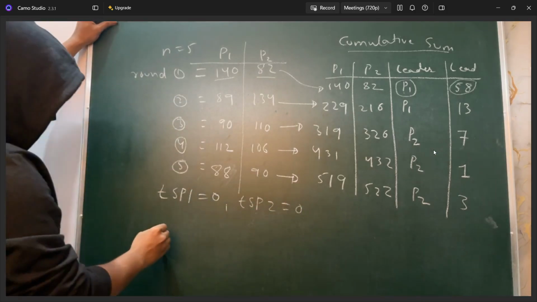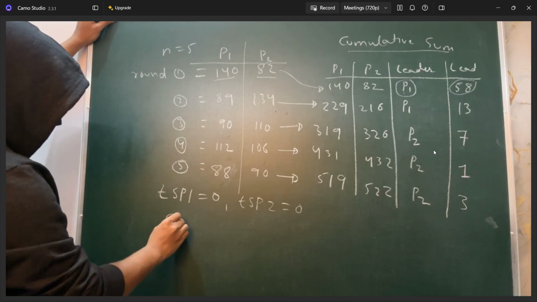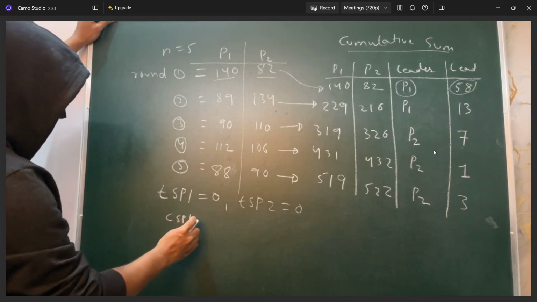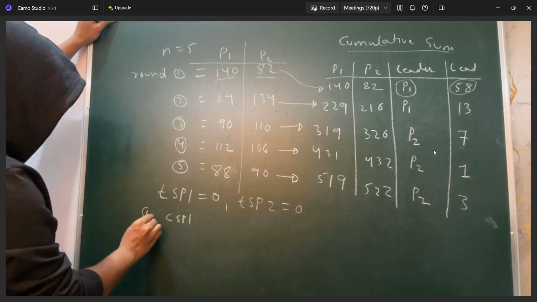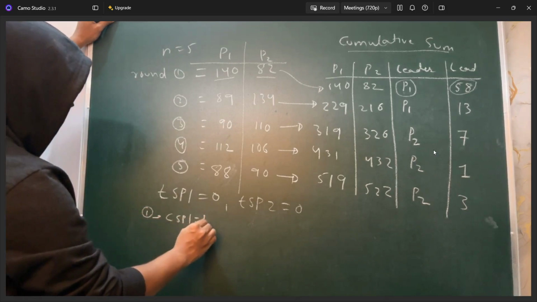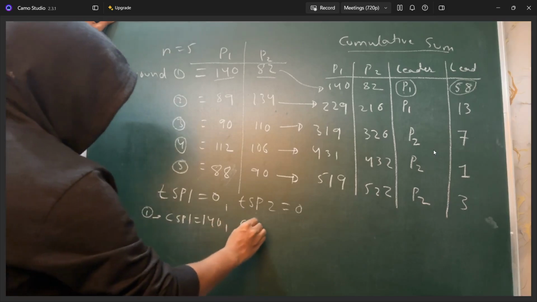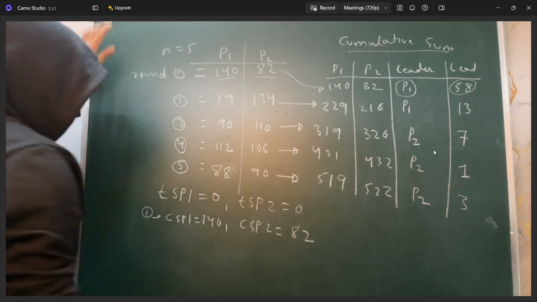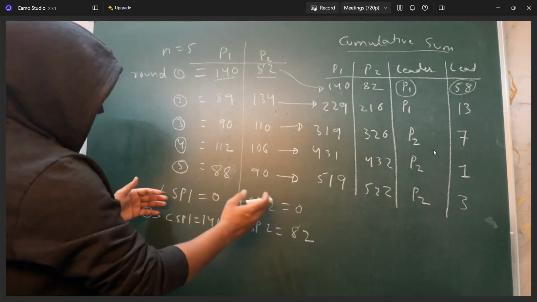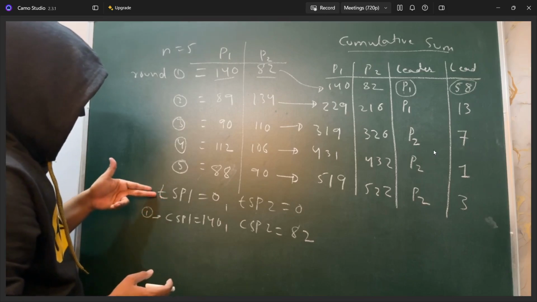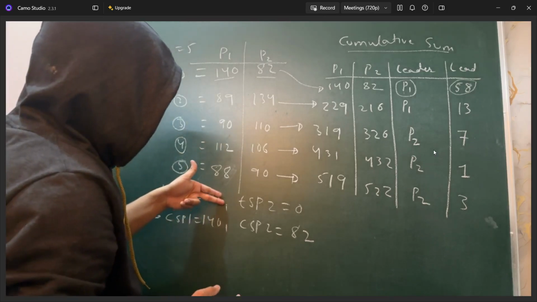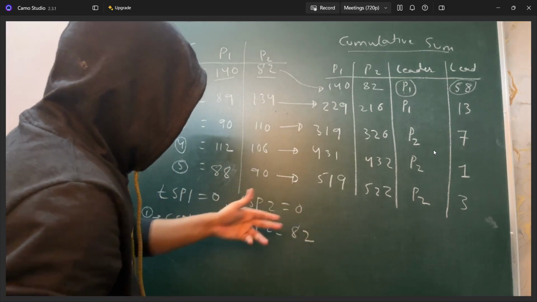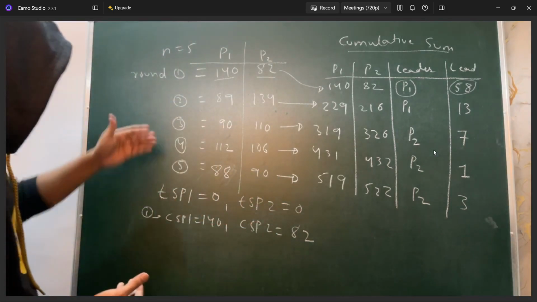In each round, I'll be taking the current score of player 1, let's say in round 1 it is going to be 140, and the current score of player 2 in round 1 is going to be 82. So I'll be adding these two into the total sum, which means you will have the total score of player 1 and total score of player 2 at the end of each round.